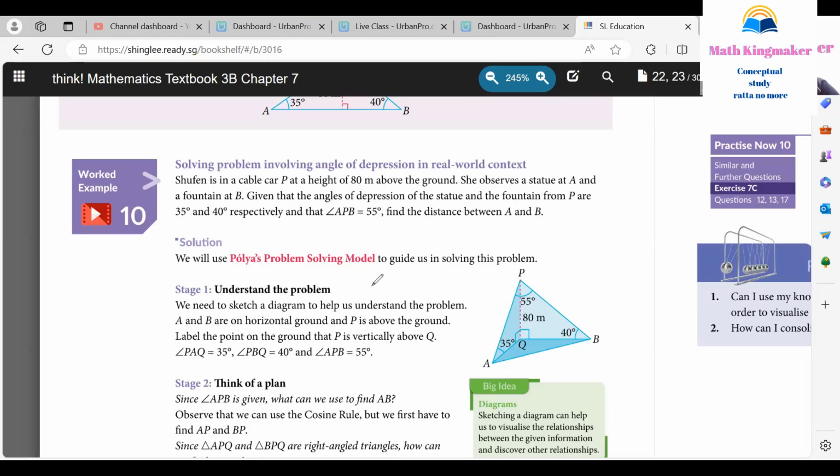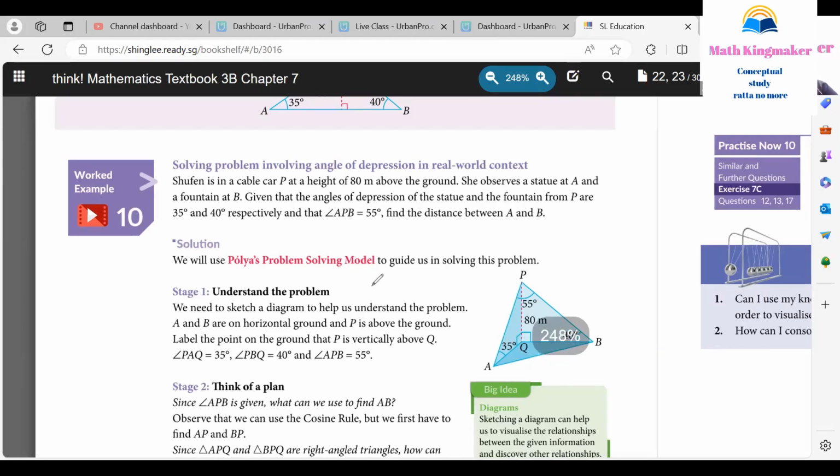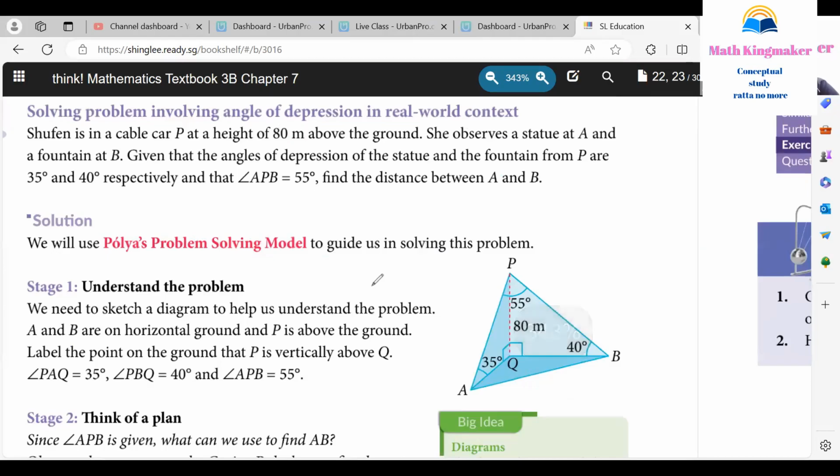Now the angle of elevation of P from A will be 35. It is clearly written there. So this is 35, and it will be making a 90 degree angle at Q. So now you can take it that AQP as well as BQP are two right angle triangles.